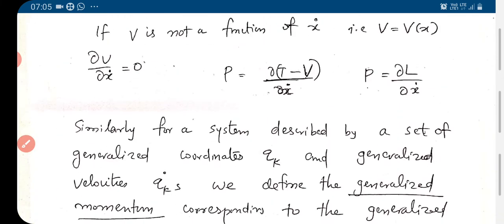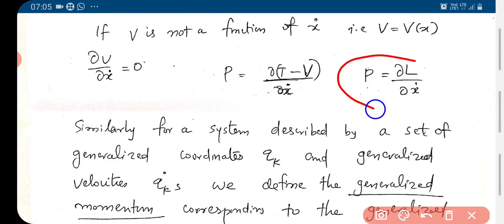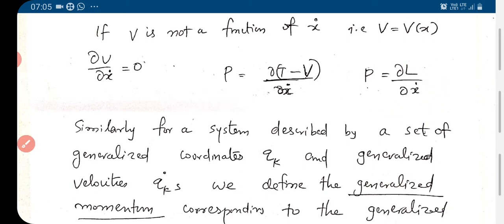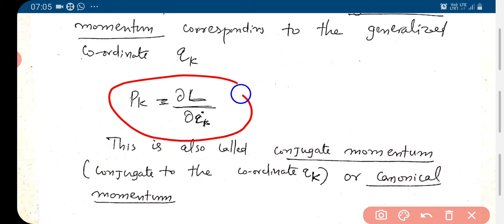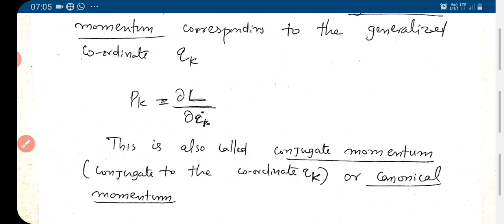The same way here we have seen P as equal to ∂L/∂x dot. This is also called the conjugate momentum or the canonical momentum.